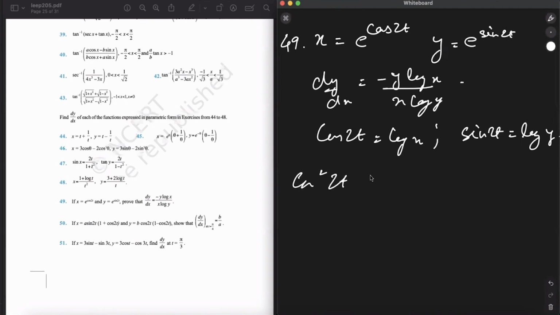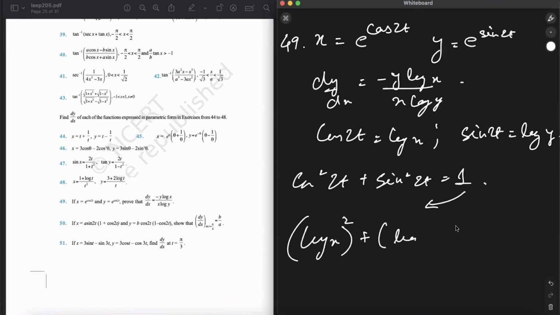Cos square 2t plus sin square 2t is equal to 1. इसकी वजह से (log x) whole square plus (log y) whole square is equal to 1. ठीक है, ओके. तो अब यहाँ से differentiate कर देंगे, एक equation मिल तो गई है.